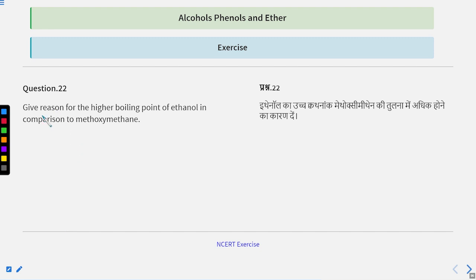Give reason for the higher boiling point of ethanol in comparison to methoxymethane. So ethanol, if you see, has the hydrogen bonding advantage, whereas in methoxymethane we do not have any such case. They have only some polarity, so due to that polarity they have some dipole-dipole interaction. That's it. But in case of ethanol we have hydrogen bonding also.